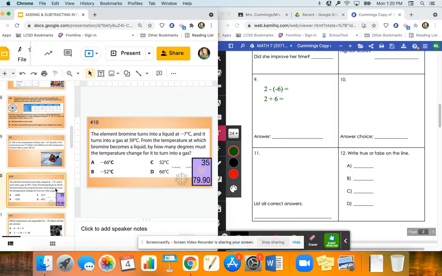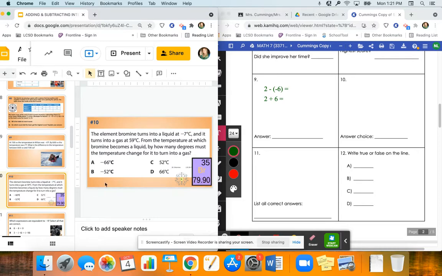For question number 10, it says the element bromine turns into a liquid at negative 7 degrees Celsius, and it turns into a gas at 59 degrees Celsius. From the temperature at which bromine becomes a liquid, by how many degrees must the temperature change for it to become a gas?